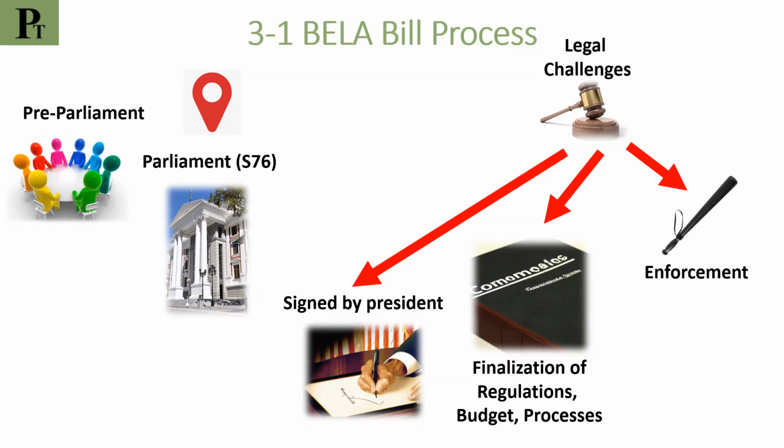When signing the bill, it becomes law, and the President will also determine when the law comes into force. After the bill has become law, the minister will start promulgating regulations in terms of the law, and the regulations will determine the details of how the law is enforced. So that is on a high level how a law is born.